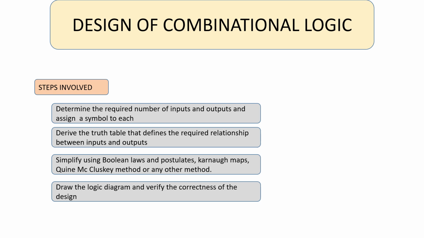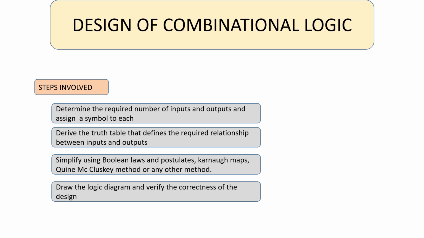To design a combinational logic circuit, the following steps should be followed. The first step is to determine the required number of inputs and outputs. Assign a symbol to each. The next one, derive a truth table that defines the relationship between the inputs and the outputs. The third step is you get an expression from the truth table.